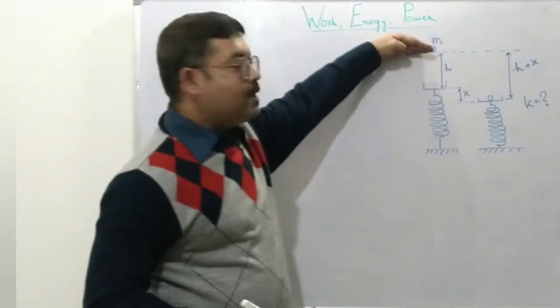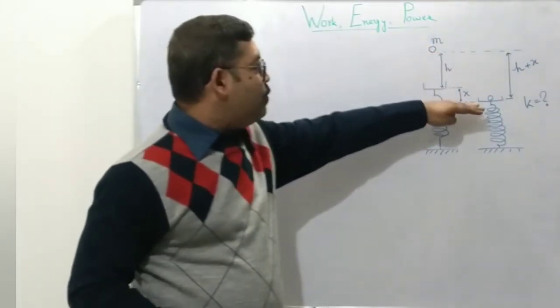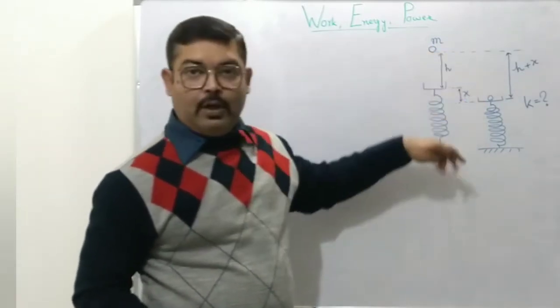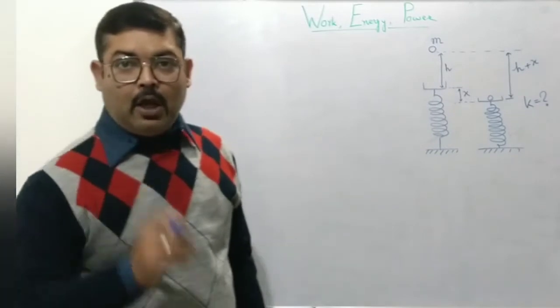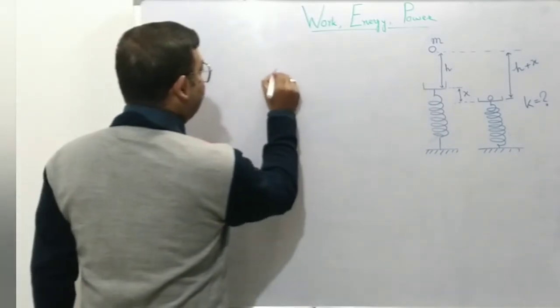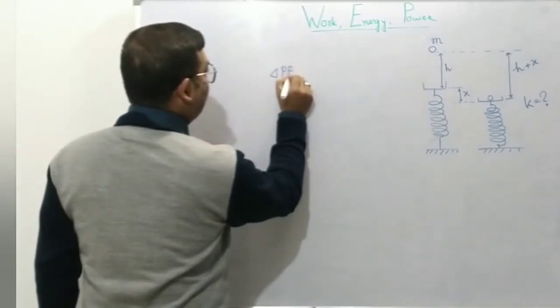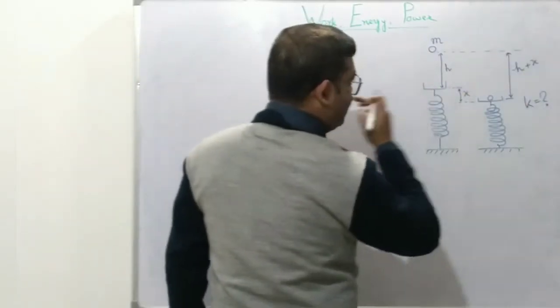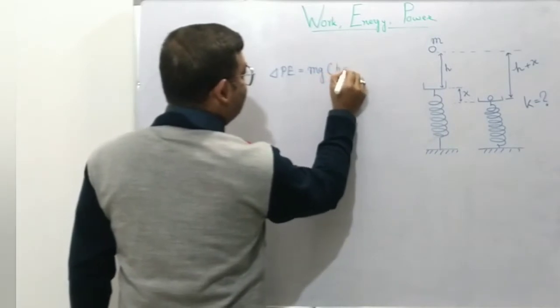At this point it has certain potential energy, and at this point also it will have certain potential energy. However, because of its position coming lower, it will lose some potential energy. How much it will lose is simply given by mg into the height through which it has fallen, so it will be mg into h plus x.